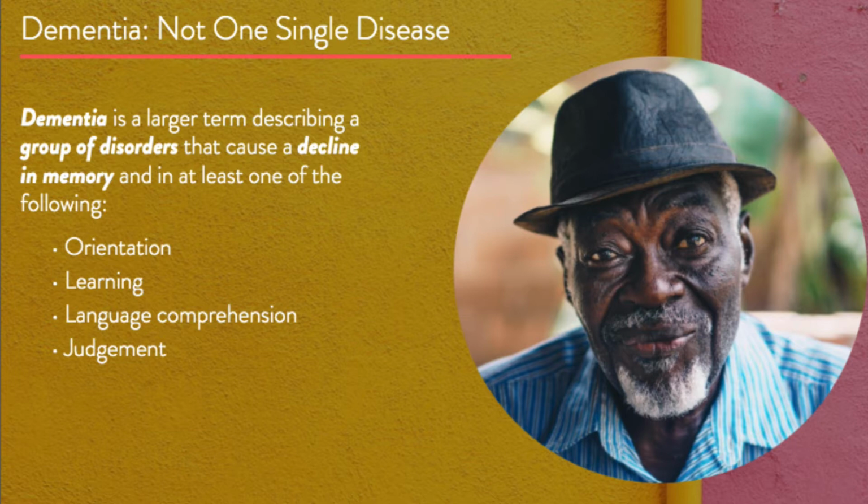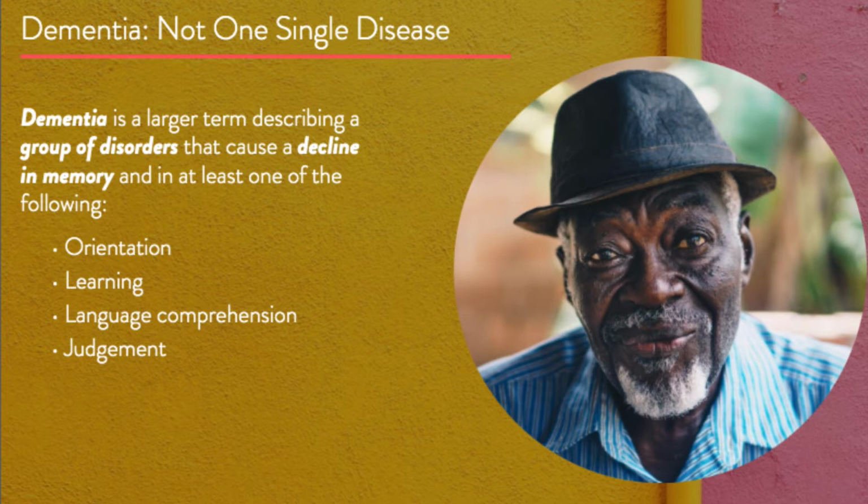In addition to affecting your memory, dementia can interfere with orientation, learning of new information, such as how to use a new TV remote control, how you understand language, such as finding the right word to say, and judgment, such as finding out how you will get ready for the day.